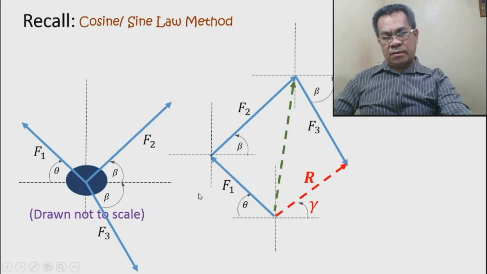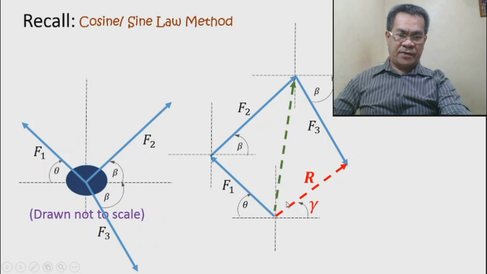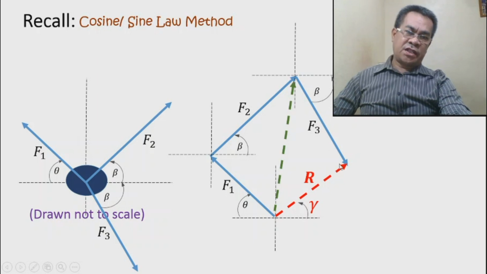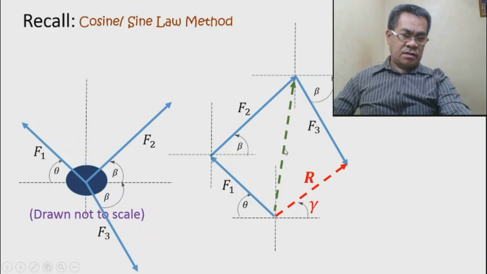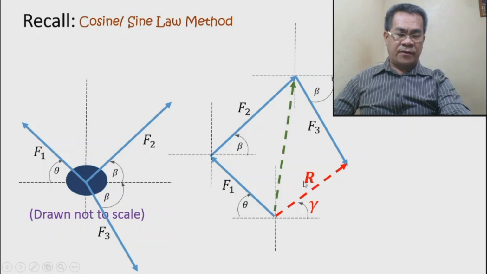This is the vector sum of F1 and F2, and we can find this angle as the direction of the vector sum. After calculating this triangle, we consider another triangle using the calculated vector sum of this side. Then you can solve for the resultant and also the direction.